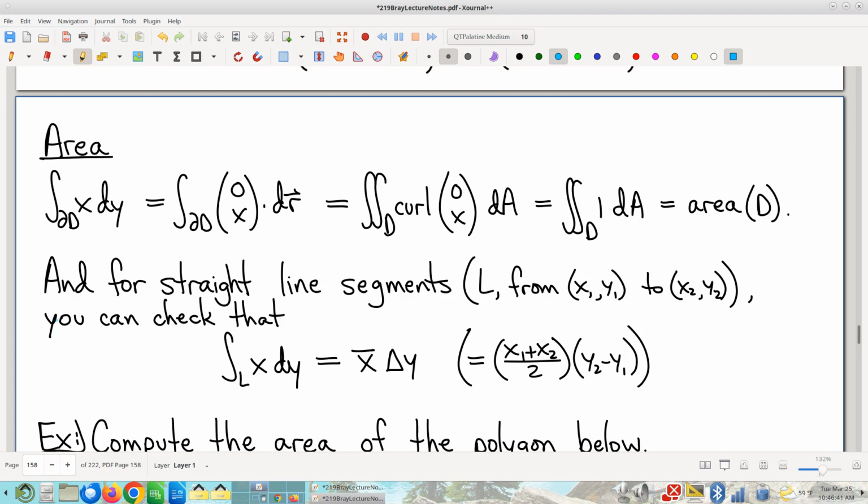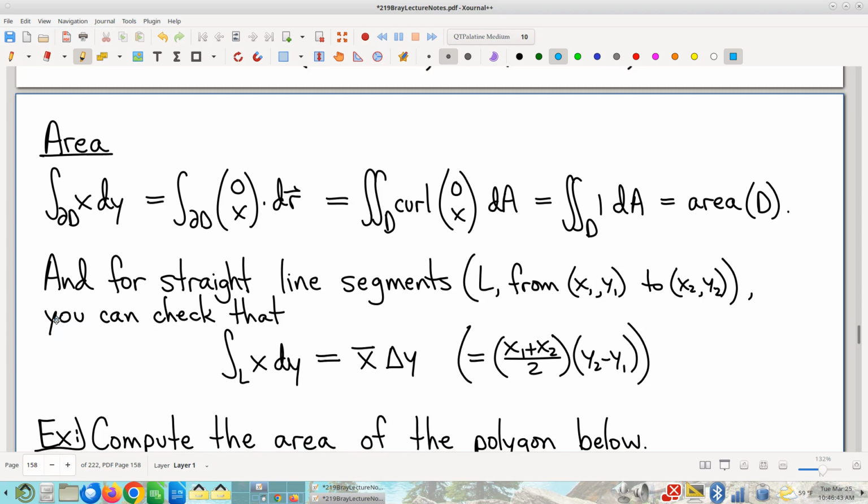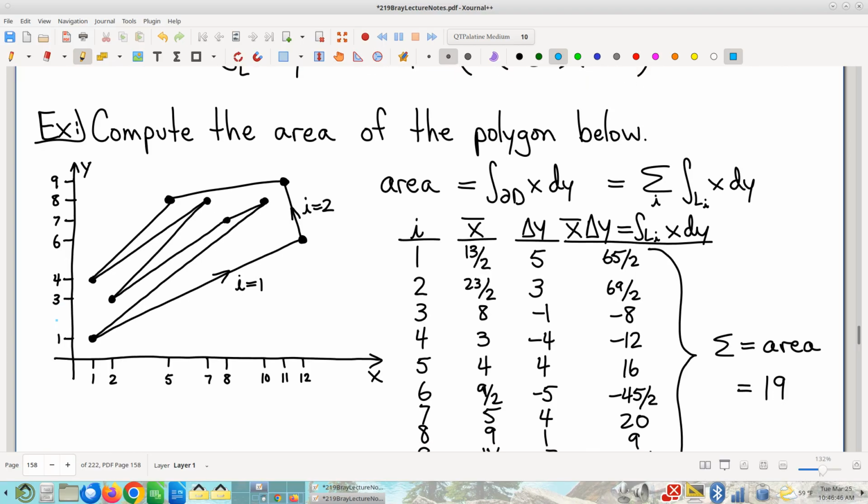Absolutely. Okay, so let's look at this scenario here. I want to compute this area, and now, again, if you just want to stick to your guns and do this with high school geometry or middle school geometry, whatever, I guess you could, but yikes.